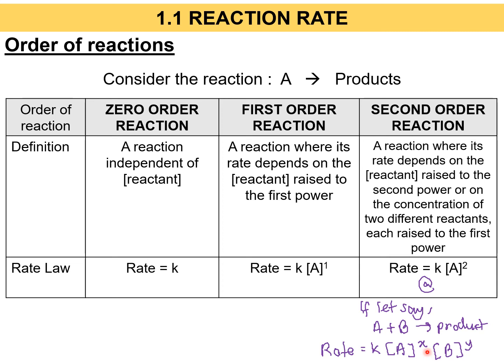So kalau let's say X dengan Y ni both raised to the power of 1, X ni power dia 1, B ni power dia 1. Therefore, dia punya overall order of reaction mestilah second order kan. Sebab itulah dia kata kalau let's say you ada dua different reactants, each raised to the first power pun itu adalah second order reaction.